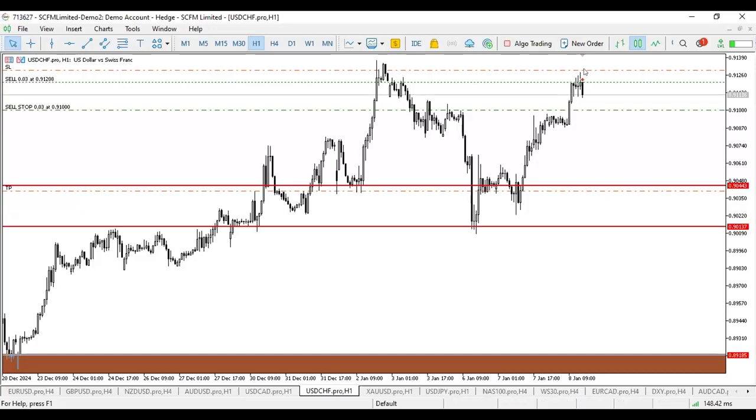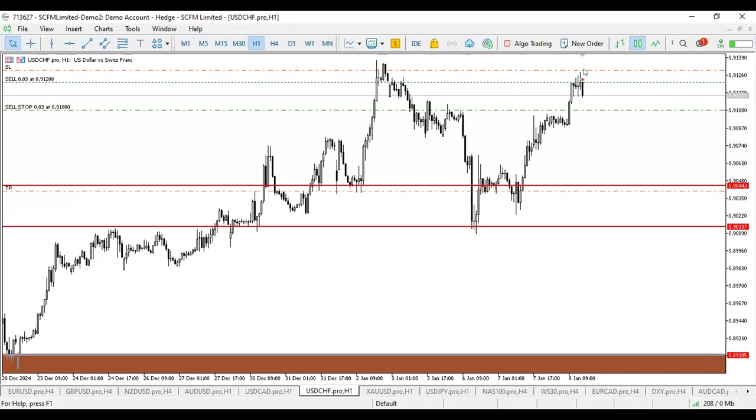The stop loss is there to protect your account and to minimize your losses. It is the risk that you're comfortable taking, the amount of money that you're comfortable losing. So in case the trade goes against you, your stop loss will be triggered, and it will take out your position with a loss that you are comfortable with.